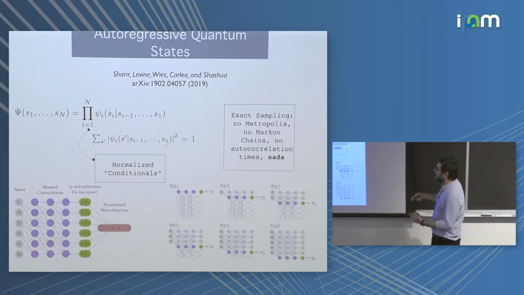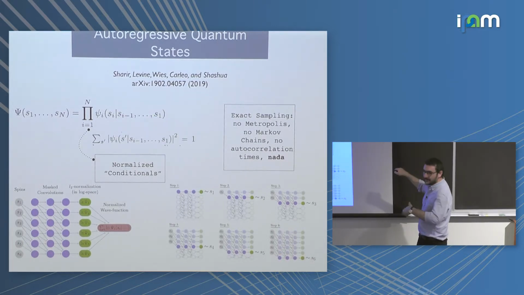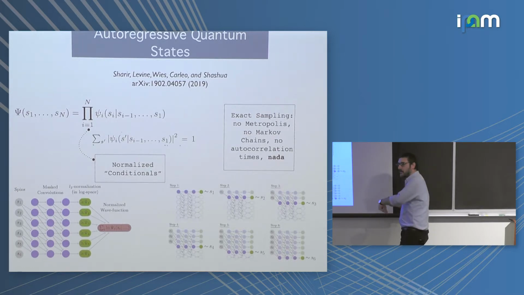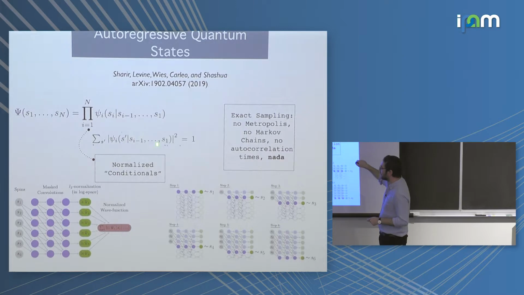But we have generalized this idea to the case where we are not normalizing these conditional probabilities as if they were probabilities. They are not normalized in the L1 norm, as you would do with a standard conditional probability, but in the L2 norm. So the sum over s' of psi squared of these pseudo-conditionals is now equal to 1.